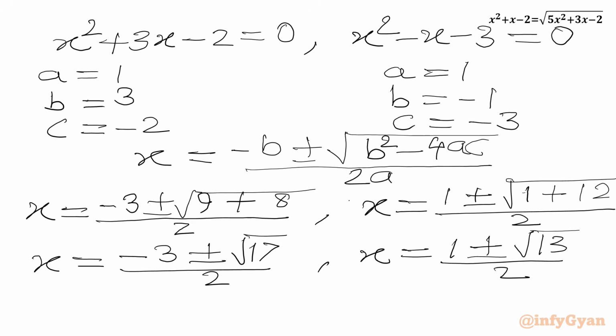So we have 4 solutions. Now we will check as per our domain. So I am writing here x1 will be equal to minus 3 plus square root 17 over 2.